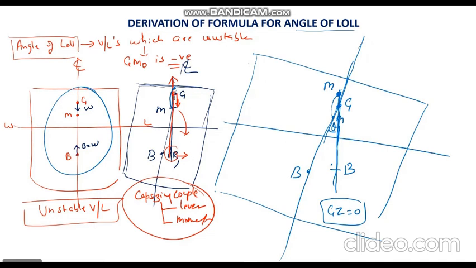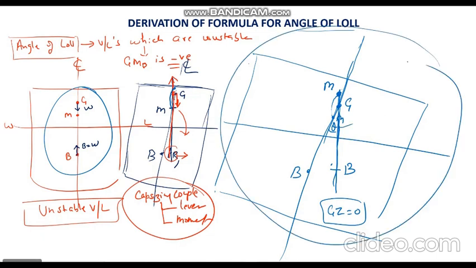If it happens, the angle of heel theta at which this condition has been reached is called the angle of loll. Is the concept of angle of loll clear to everybody, guys?